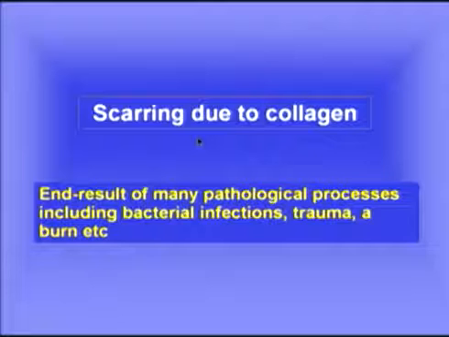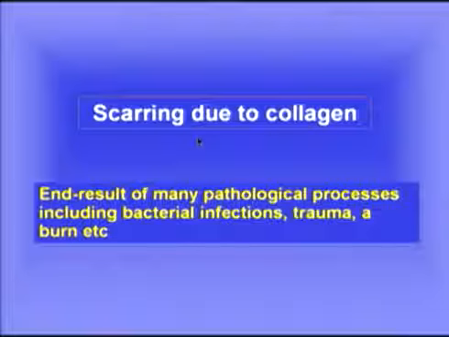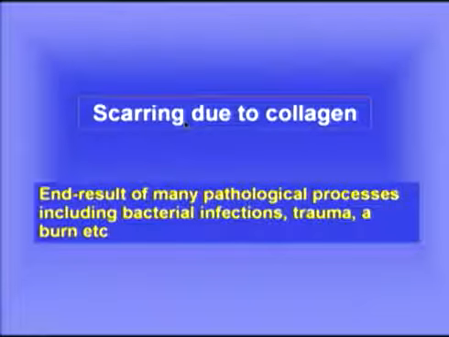He may have been burnt on the arm, and that's left a scar. So there are all sorts of pathological processes which will end up with scarring, which is basically the laying down of type 1 collagen. And the same is true of diffuse interstitial pulmonary fibrosis. We're not aware of the pathological process that was responsible for the scarring, and what we see is the end result.